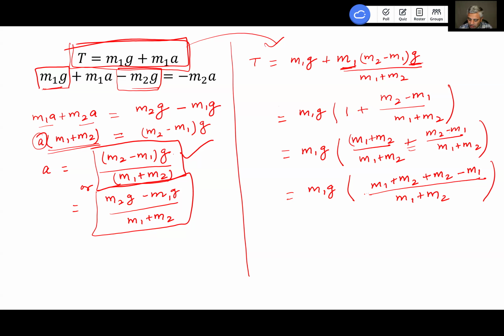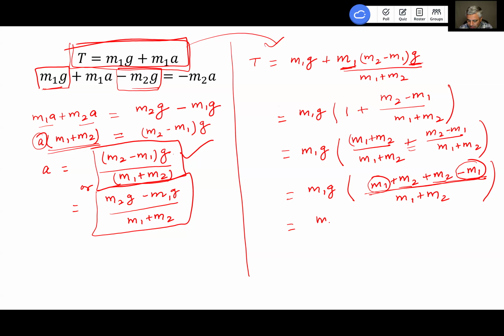And you can see here all of these are in the numerator. So that means this M1 has a positive sign, this M1 has a negative sign. So if I add them together, the result is going to be 0, just like 2 minus 2 is 0, right? But this one is M2 and M2. So that means it's going to be 2M2.